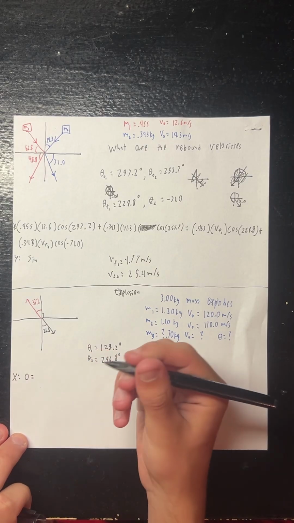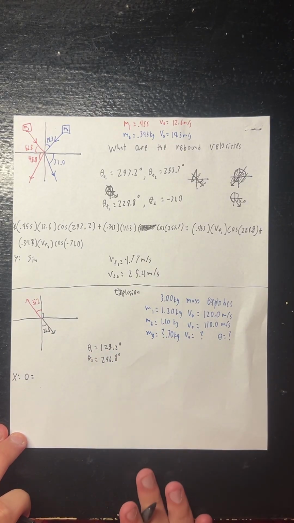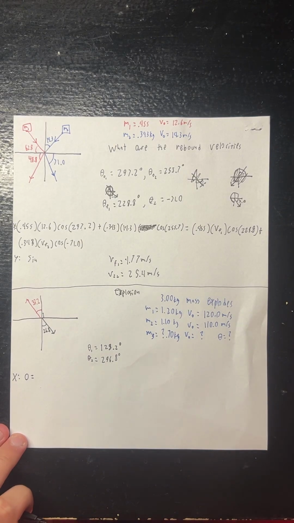So 0 equals, and then we're going to set up M1 V1, M2 V2, and M3 V3, because we have 3 of them.